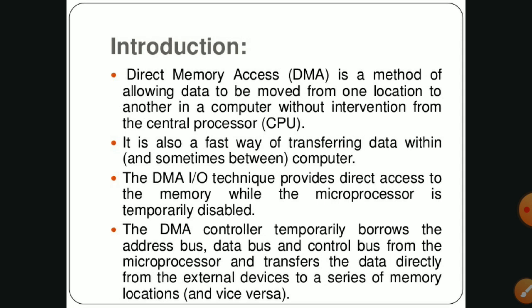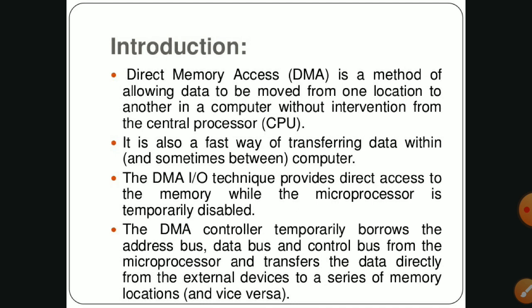Now the DMA controller is acting like a bus controller of all three buses: the data bus, address bus, and control bus. All these three buses are now in the hands of the DMA controller.